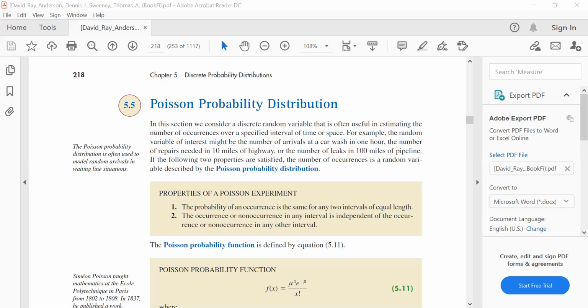The Poisson distribution is applied to experiments with random and independent occurrences. The occurrences are random in the sense that they do not follow any pattern, and hence they are unpredictable.